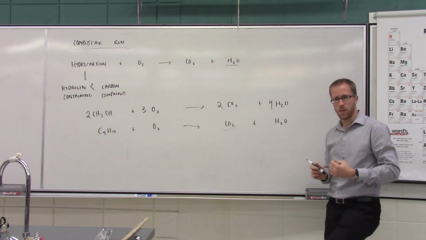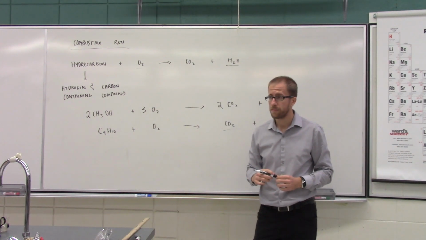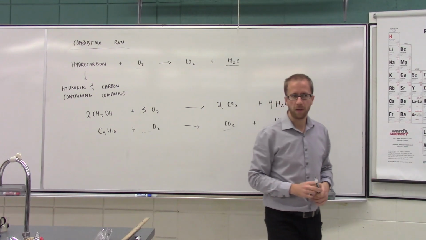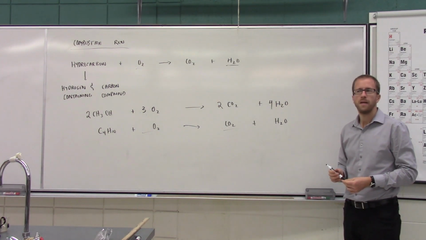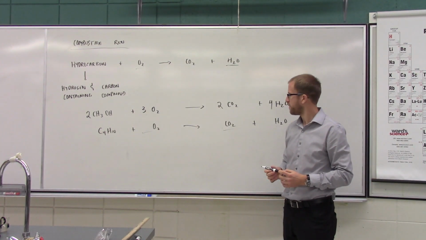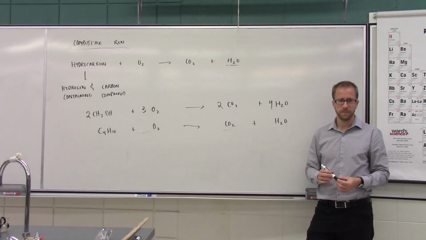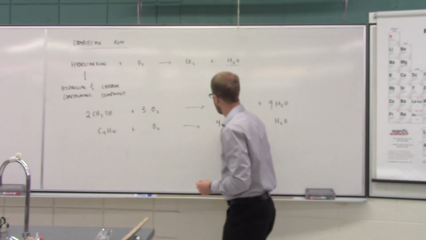How do I balance this one? Again, what am I going to balance last? The oxygen. Why am I going to balance it last again? Because it's by itself, right? You can add any number there to balance it in the end. So let's balance our carbons first. How do I do that? Excellent. Add a 4 to the CO2.